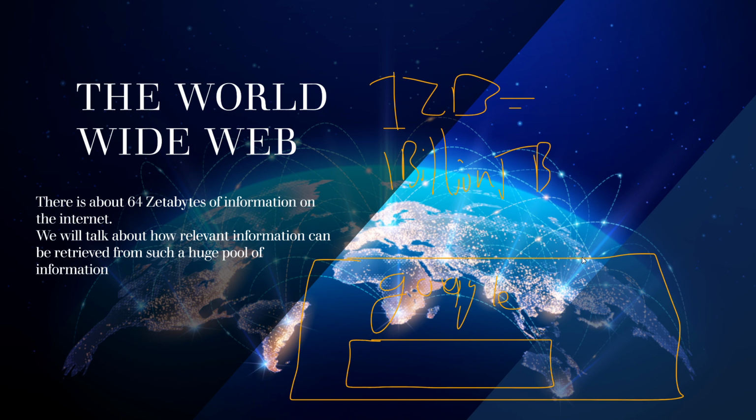And when you consider the total amount of information present on the internet, this is an amazing feat. Google will retrieve only the relevant information from a huge pool of information.